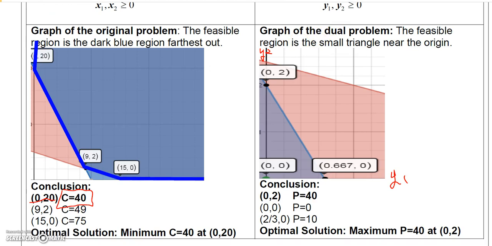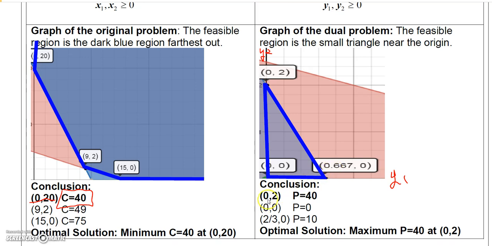Let me show you the graph here. The graph here would be just a triangle, and it would go like right here. And so the corner points for this triangular region would be 0, 2, 0, 0, and then this point is actually the point 2/3, 0.